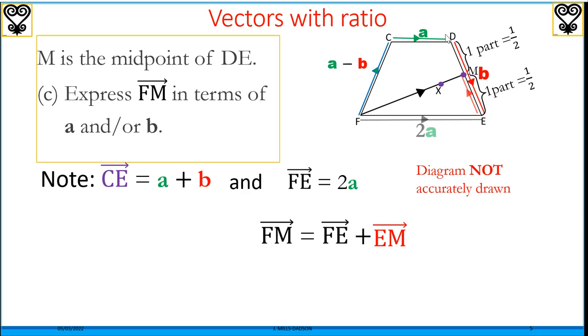Remember, I was only given vector DE as B. So if I'm going vector EM, I'm going against the direction of vector B. So I won't just say half B. It has to be a negative half B because it's against the direction. So I now have FM as 2A minus half B.